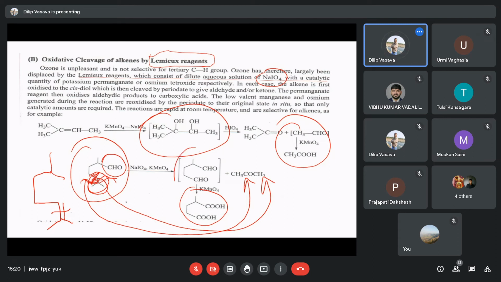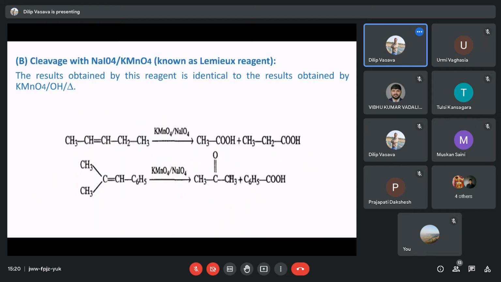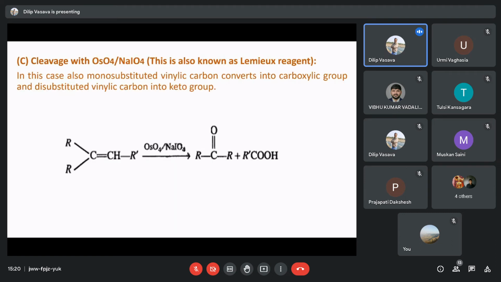So here we are getting the two aldehyde groups in the same moiety that is further oxidized. So this is the application of the Lemieux reagent. It is also utilized in presence of the osmium tetroxide and KMnO4.